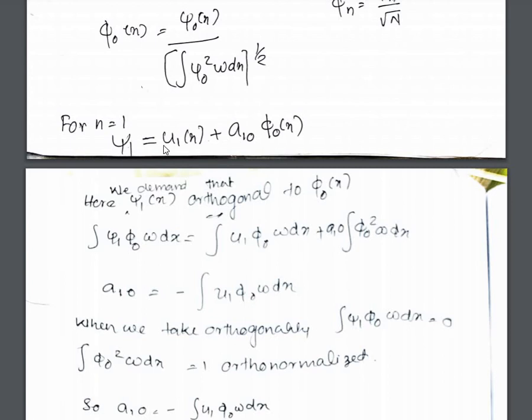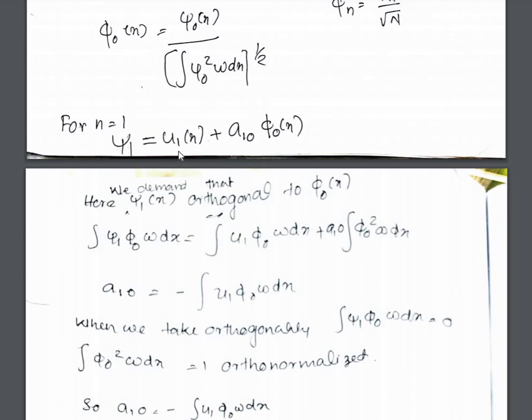So when we multiply this equation with phi 0 and integrate between the limits a to b, the integral a to b of psi 1 phi 0 w of x dx is equal to the integral, w is the weight function. With respect to the weight function, we multiply this equation throughout by phi 0.